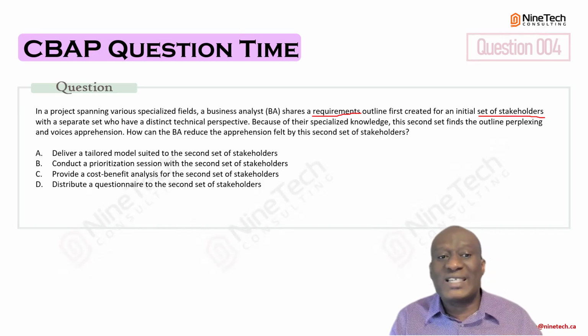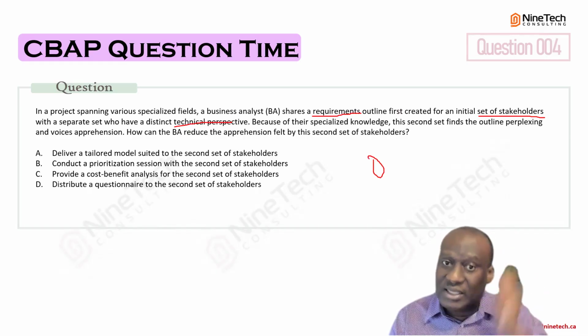Because of their specialized knowledge, this second set finds the outline perplexing and voices apprehension. How can the BA reduce the apprehension felt by this second set of stakeholders?